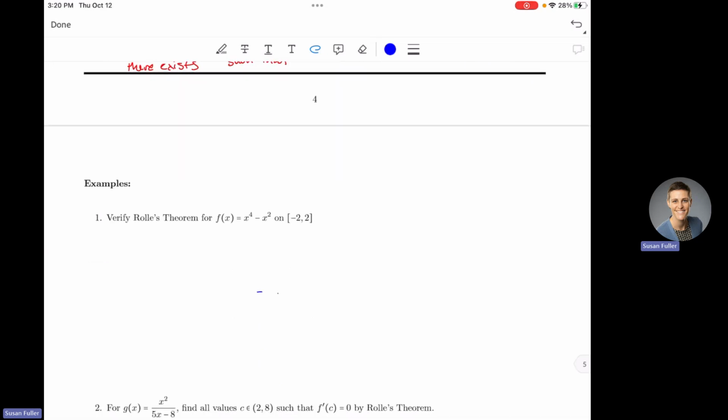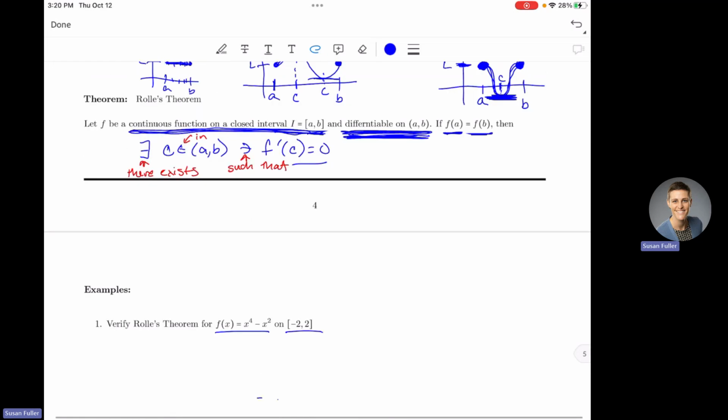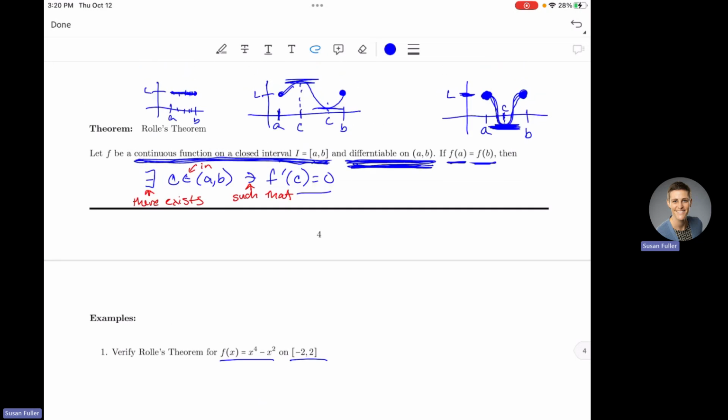Okay, now to verify Rolle's theorem for a function on a closed interval, before we apply Rolle's theorem and just find the place where f prime of c is equal to 0, we first have to make sure that we check all of these boxes.